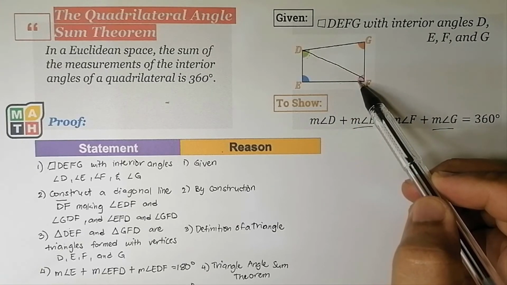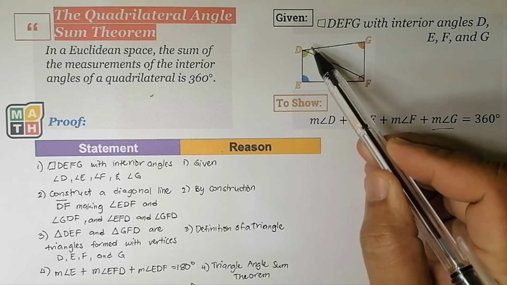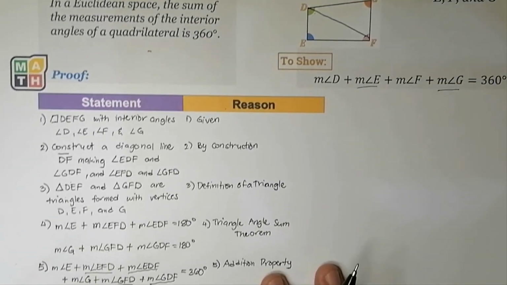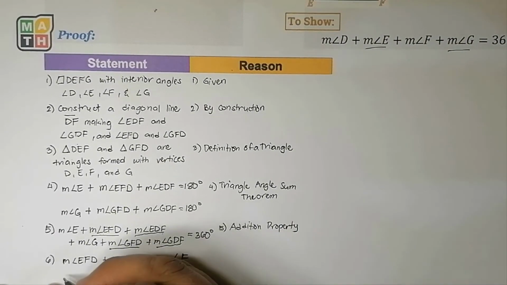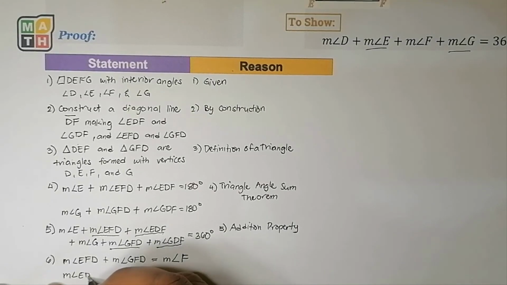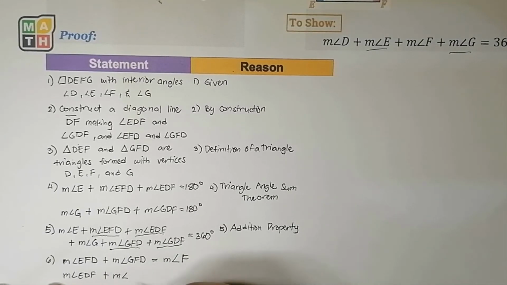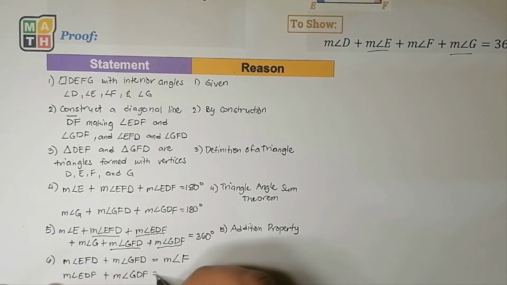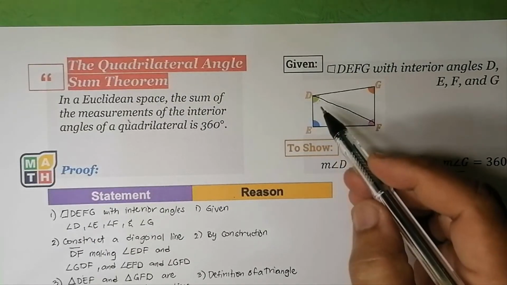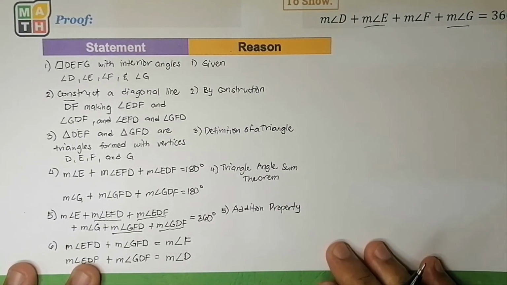That would mean EDF and GDF make up the whole angle here, which is originally angle D. So we could write it here, the measurement of angle EDF plus the measurement of angle GDF is equal to the measurement of entire angle D.